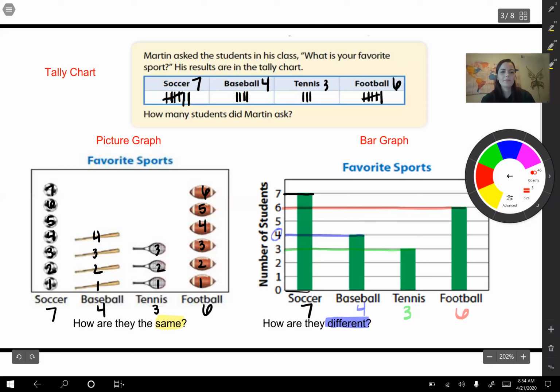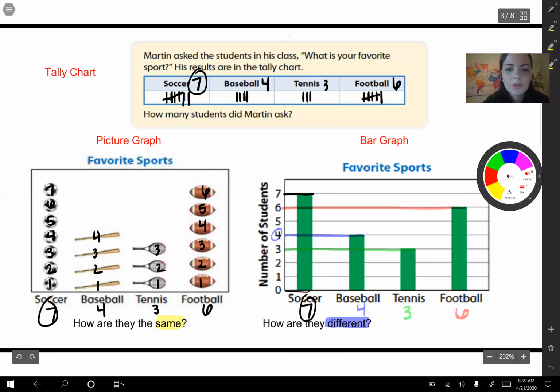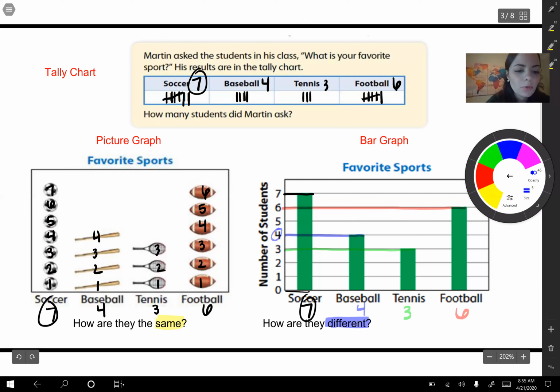Let's compare them. Soccer, we have 7 here, 7, 7. Baseball, we have 4, 4, 4. Tennis, we have 3, 3, 3.